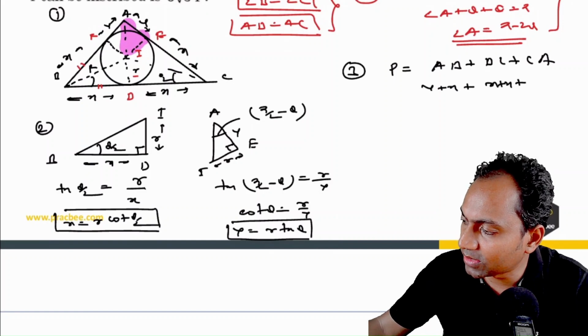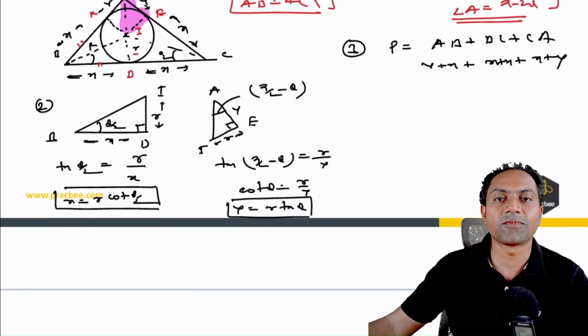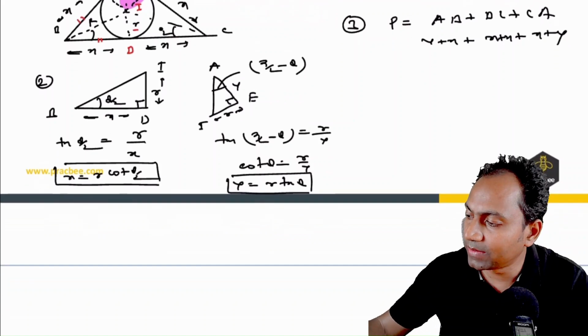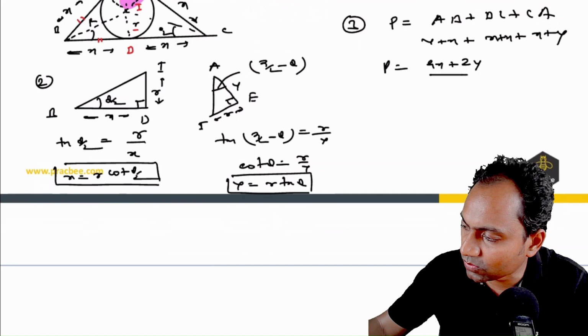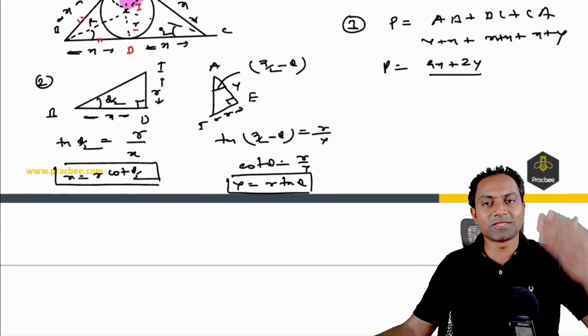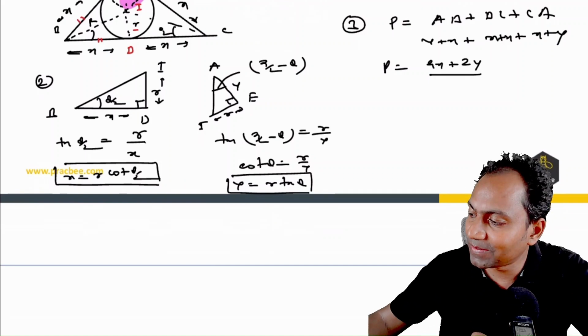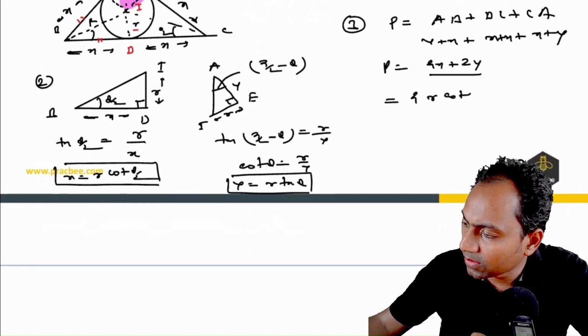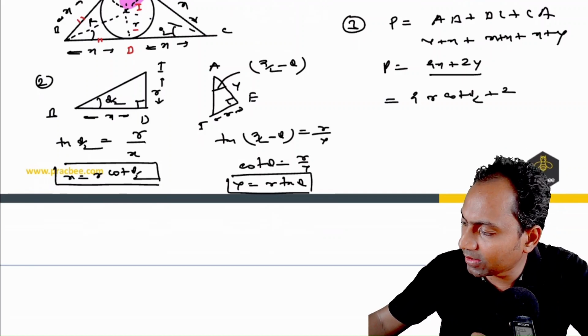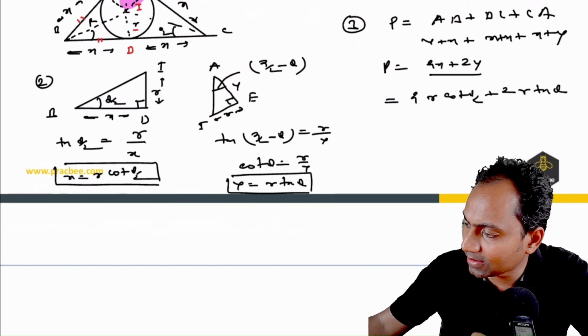And CA can be written as nothing but x plus y. So we can see from here that the value of the parameter comes out to be 4x plus 2y. And now here also we can substitute the value of x and y. If I substitute the value of x, it is nothing but r cot theta by 2, and the value of y is nothing but r tan theta.